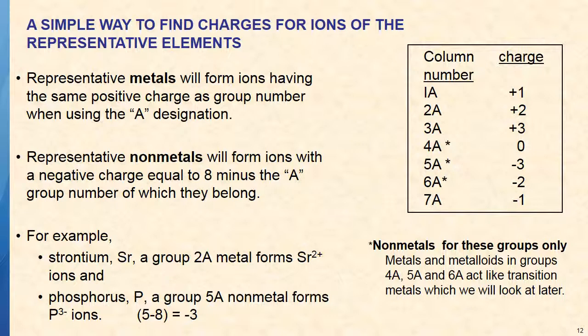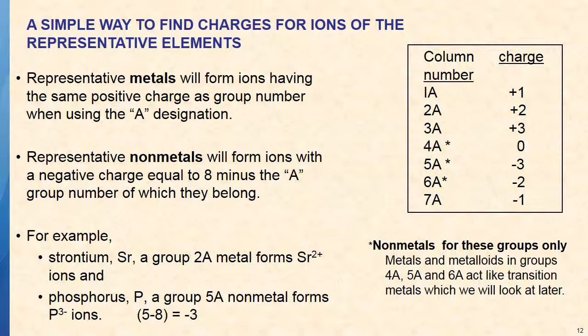So under the stair steps for groups 4, 5, and 6 will act like transition metals. They might have a positive charge similar to these, but they won't have a negative charge. Just looking at some examples, strontium is in group 2A, and so it forms a +2 ion. Phosphorus, which is in group 5A, makes a -3 ion.